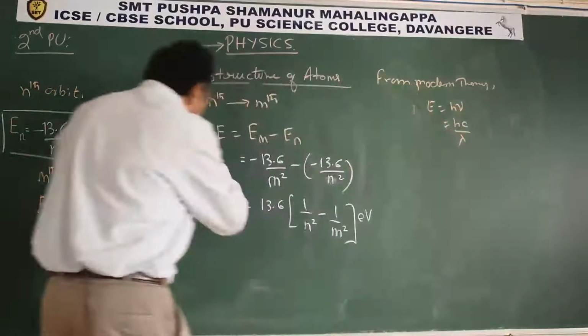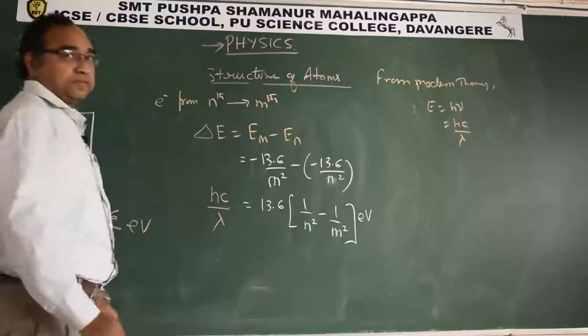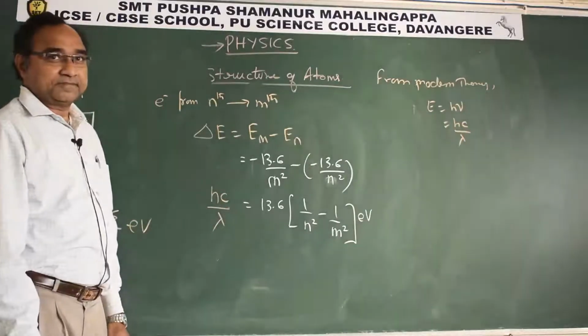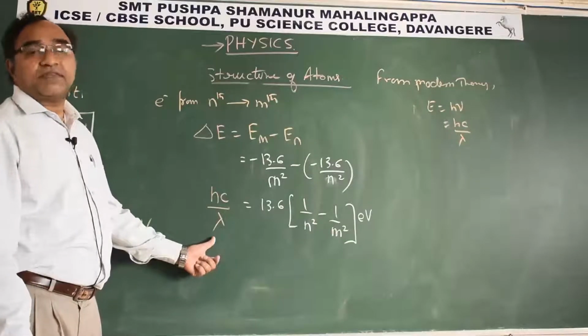So this delta E can be said to be hc by lambda.